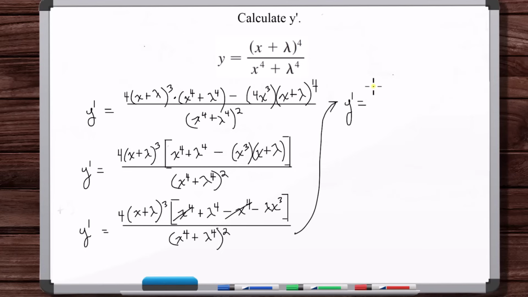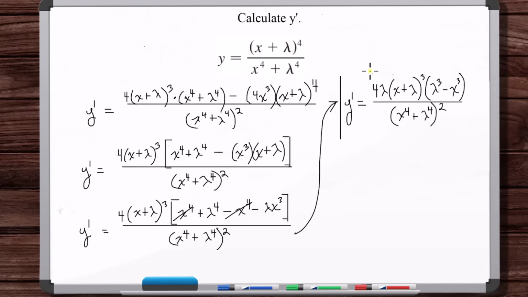We can factor out a lambda, and we've got, and there you go. That's the derivative.